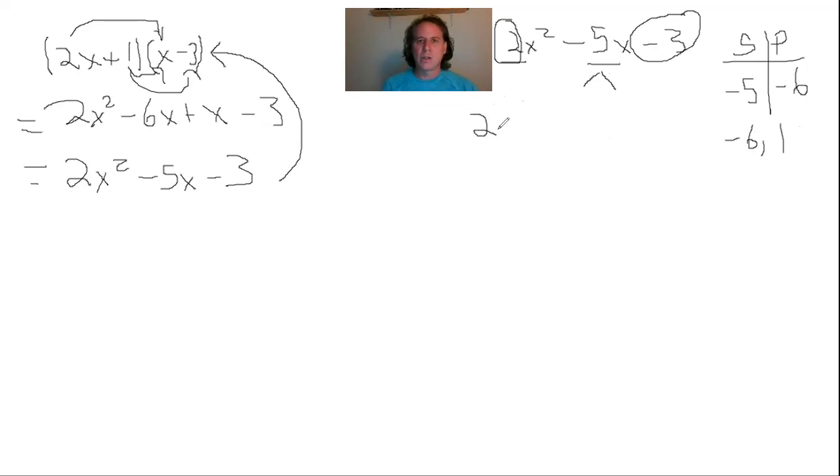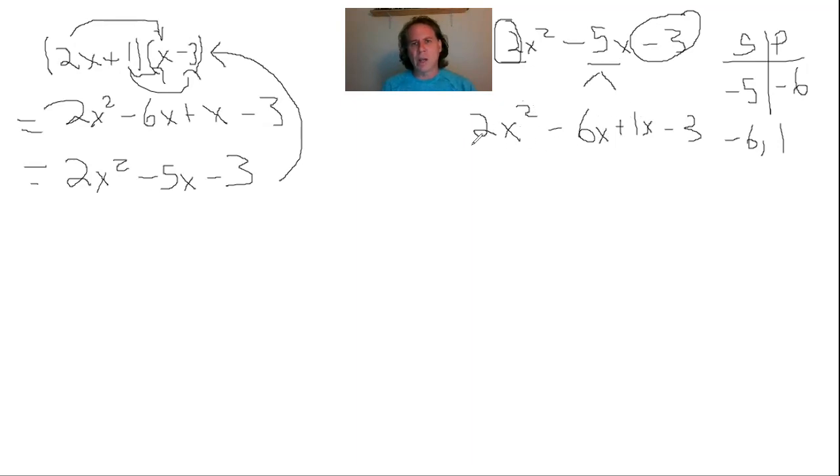So I say 2x squared minus 6x plus 1x minus 3. If I collect my like terms again, minus 6x plus 1x brings us back to minus 5x, so I haven't changed anything yet. I've just set it up in a form where I can get it to brackets.